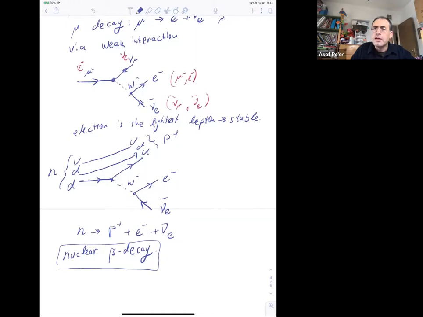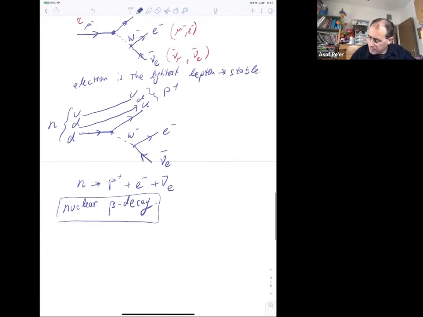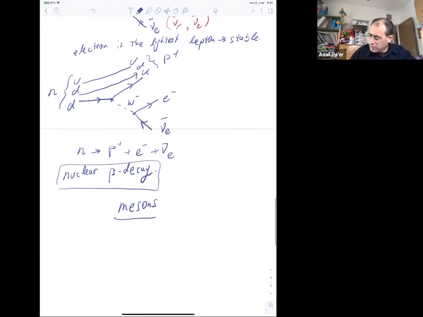Okay, then. Let me talk about mesons. So again, there is a lot of jargon going on here. We just described how a neutron decays into a proton, right?